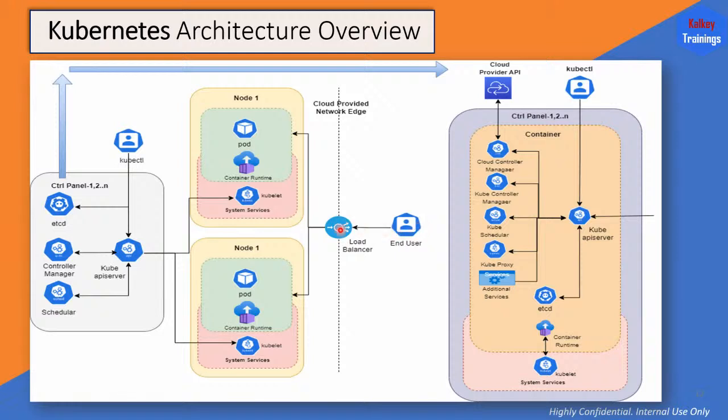It will be hitting a load balancer. That can be an ingress load balancer or a load balancer proprietary to the cloud. Generally, we go for the ingress controller, because a load balancer implemented from the cloud, whether AWS or Azure, is going to be very, very costly.